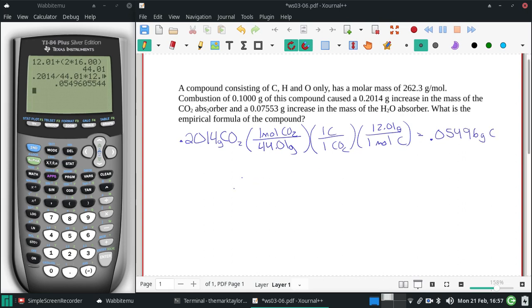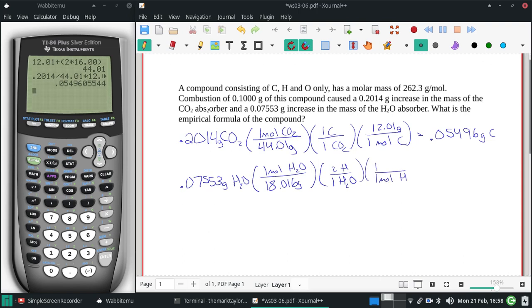I'm going to do the same thing with the grams of water. Divide it by the molecular weight of water. Our coefficient here will be different because for every 1 water there are 2 hydrogens, and 1 mole of hydrogen is 1.008 grams.